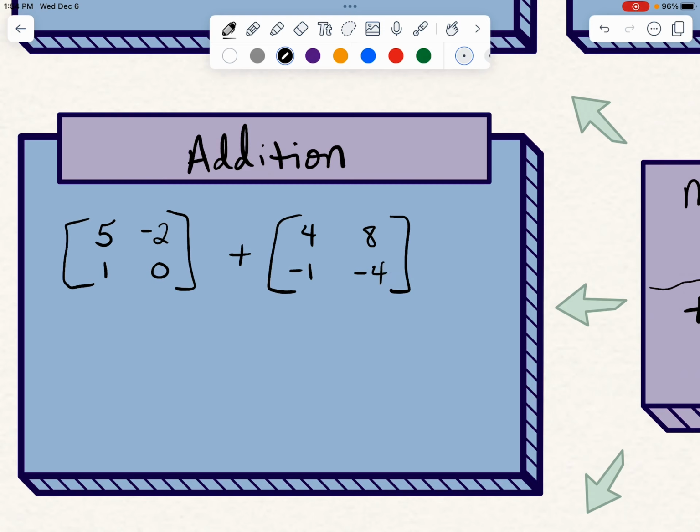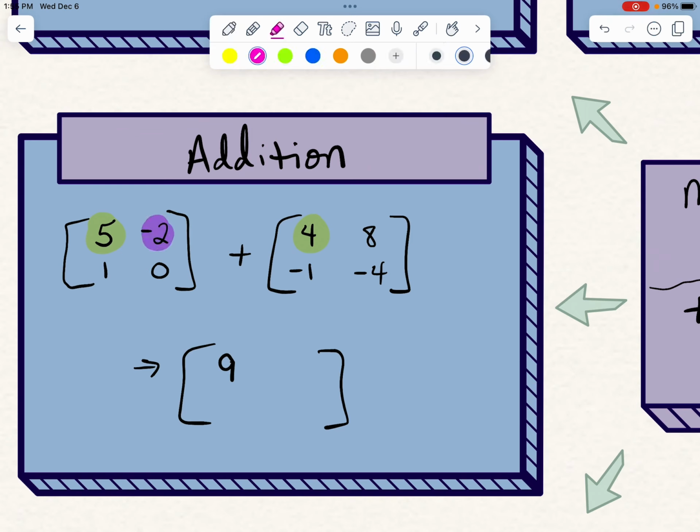Again, we're going to add the corresponding pieces here. So row 1, column 1 with row 1, column 1. In this first location, 5 plus 4 is going to be 9.